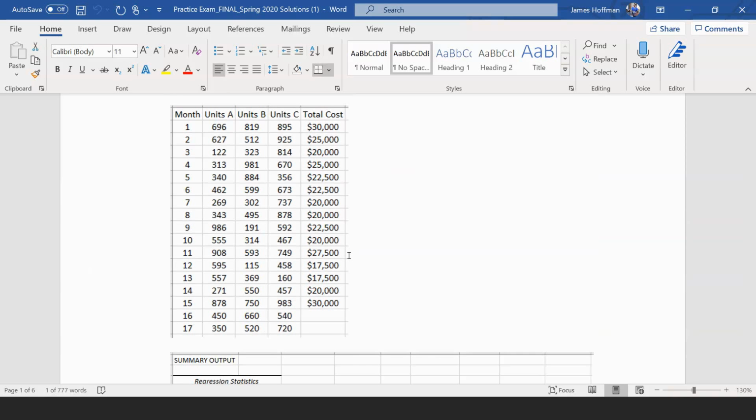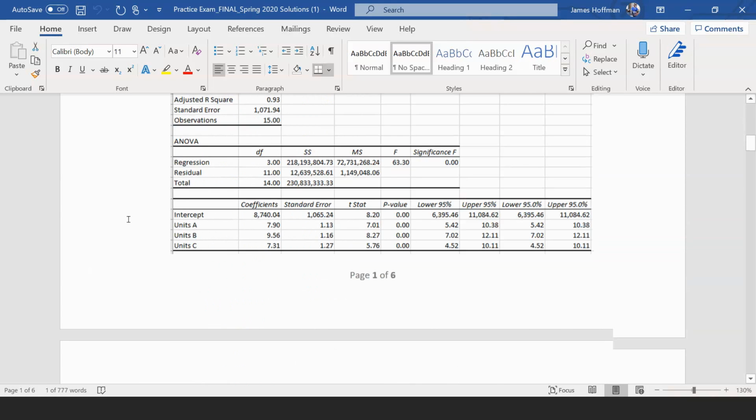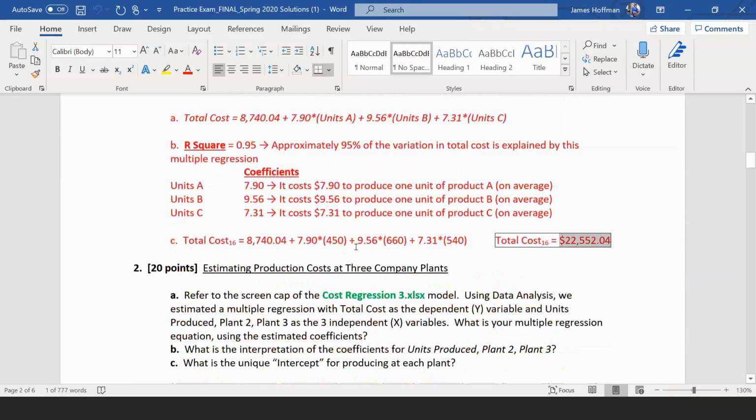So if I came out with my total cost of being like 500,000 or something like negative 20, if it's something that doesn't seem right, then double check the math, because it should be something in the range of these other total costs. So that looks right. Okay, so that's number 1. Questions on this one?